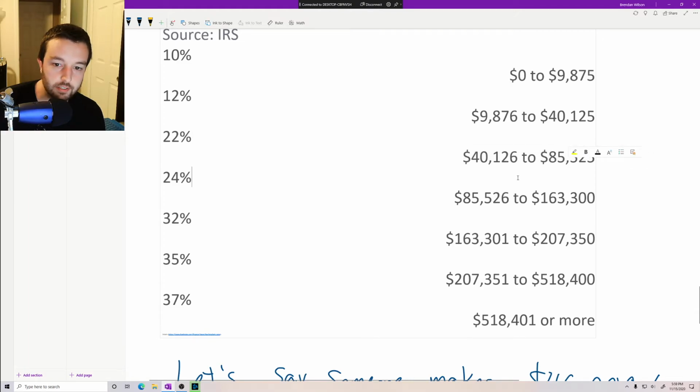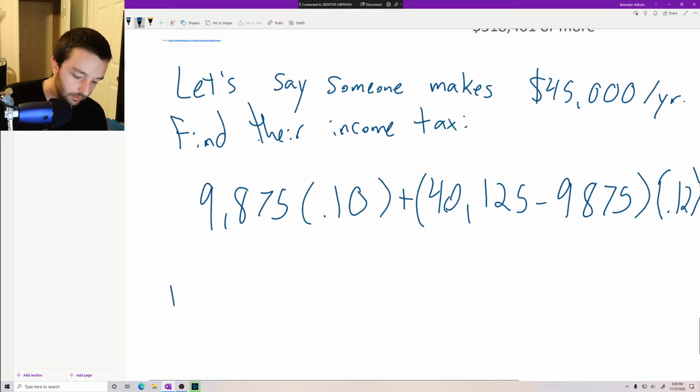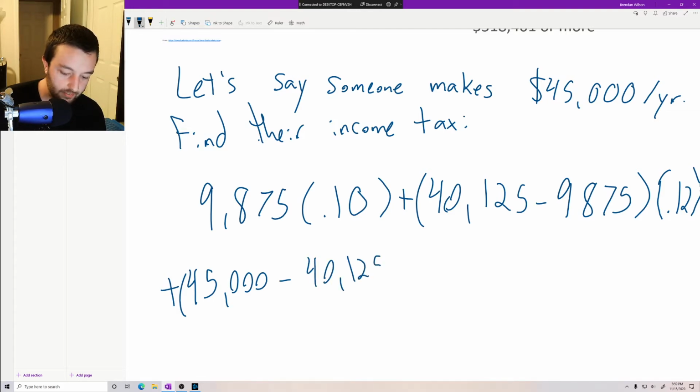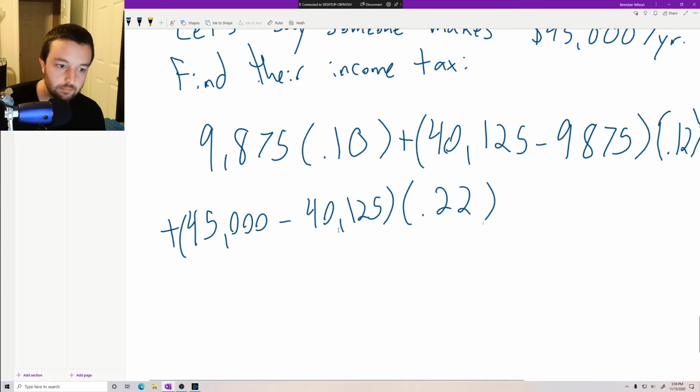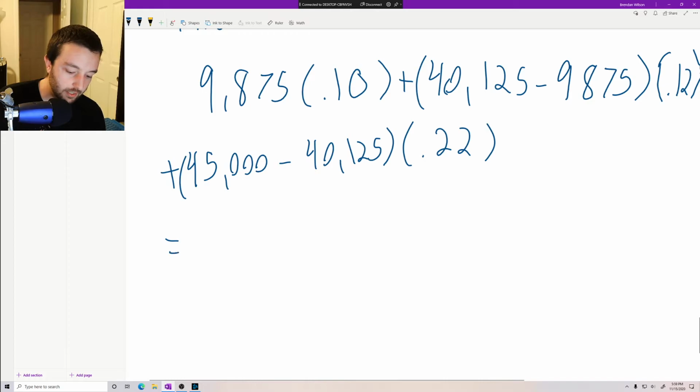That's falling in this range. So now we're going to do 45,000 minus the first 40,125, because we already took care of that, times 0.22, because that's 22%. Okay, and this will give us our income tax.